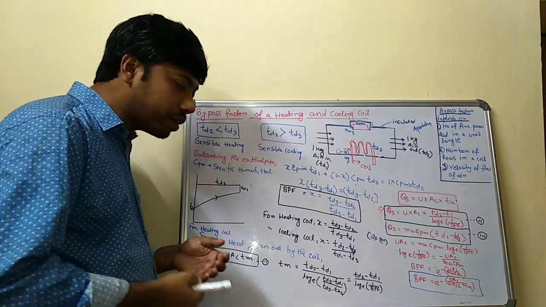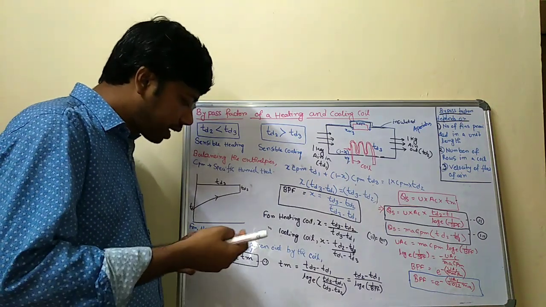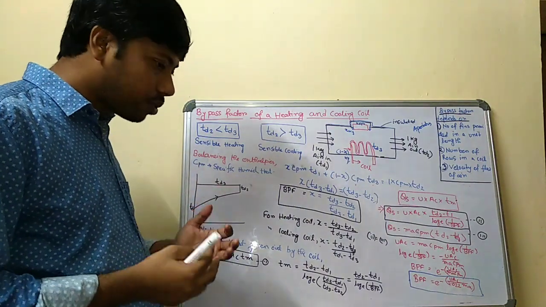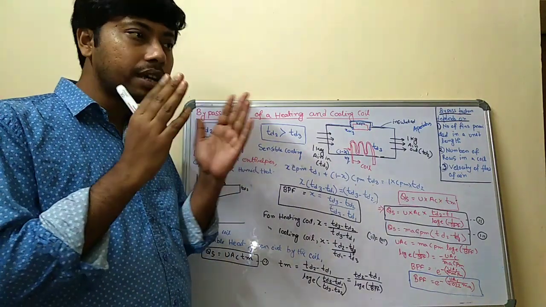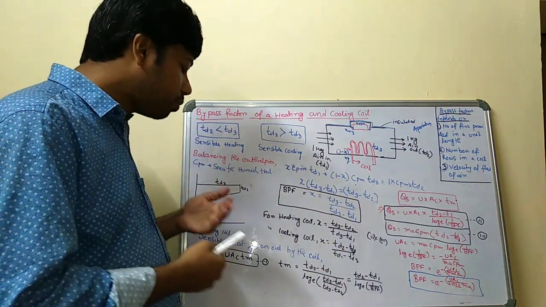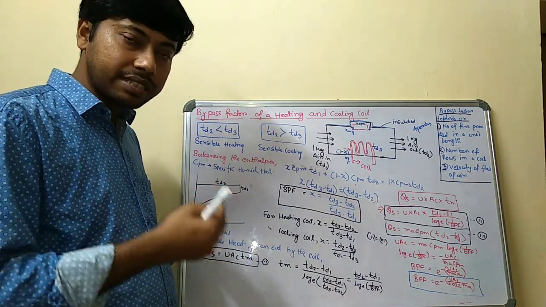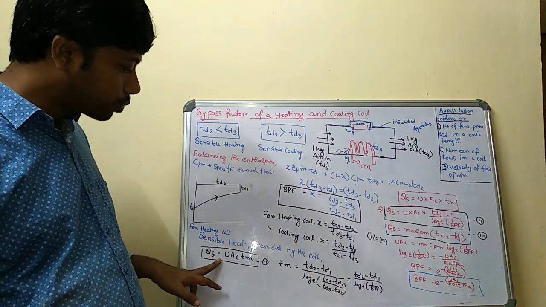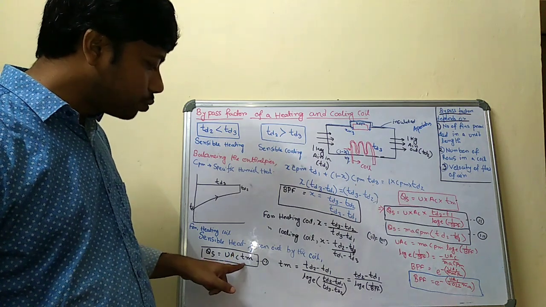Now you will also be able to calculate the bypass factor another way. When air passes through a heating coil, the amount of sensible heat given out by the coil, QS, is also U into AC into Tm.